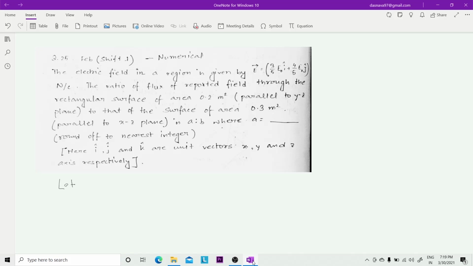Let the area of first surface be, if we consider it a factor, for area factor equals 0.2 i cap.